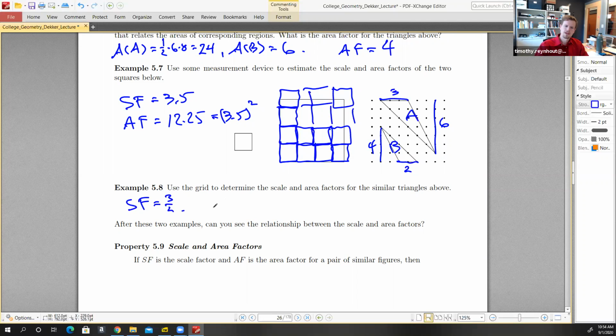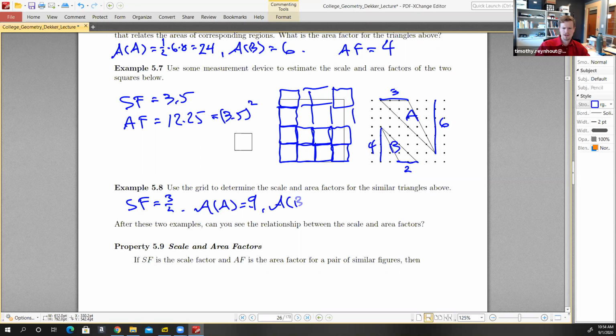Excellent. Now to get the area factor, I'd have to calculate the areas of both of them. So the area of triangle A is equal to, all right, 3 times 6 is 18, divided by 2 is 9.